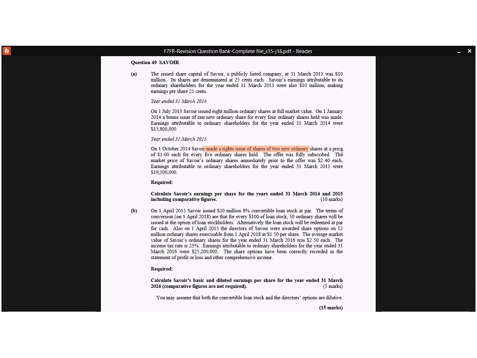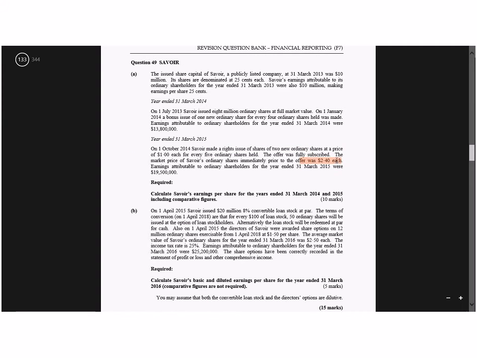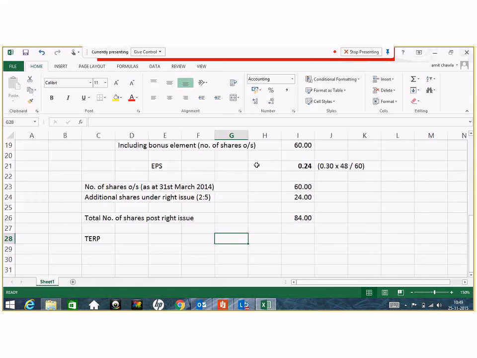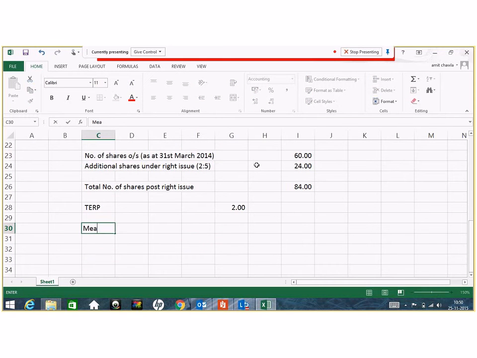The TERP can be simply calculated as the share price is 2.40 and the new issue is made for $1, which means that my TERP is supposed to be 60 into 2.4 plus 24 into 1, the whole amount divided by 84. That makes it 2. Right? So, having got this TERP, we would want to calculate the weighted average number of shares.